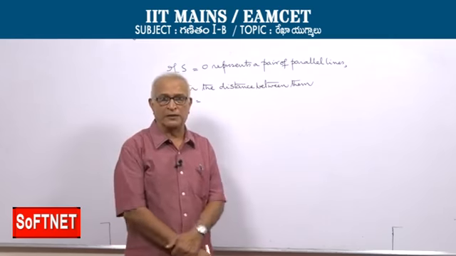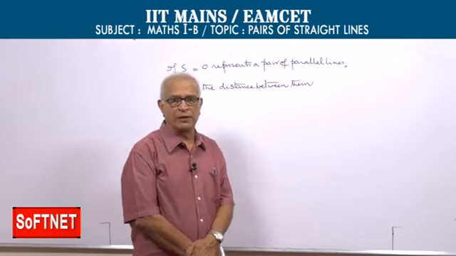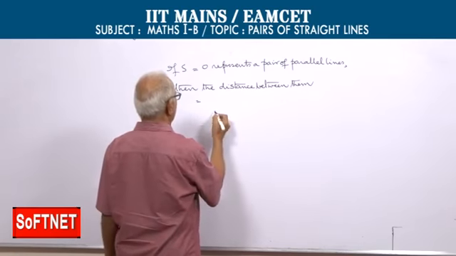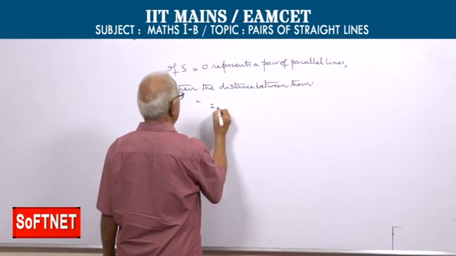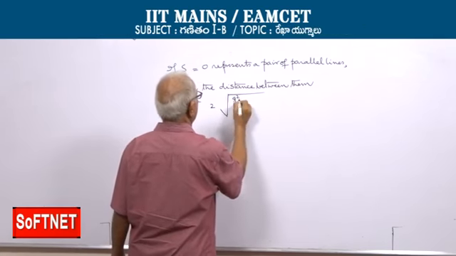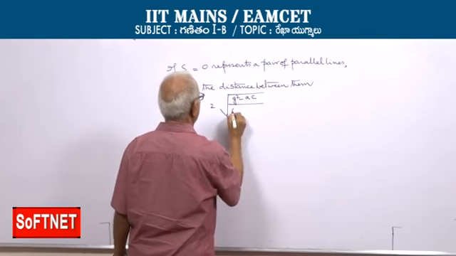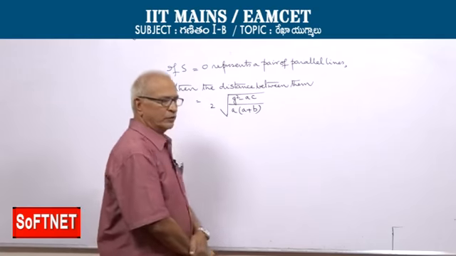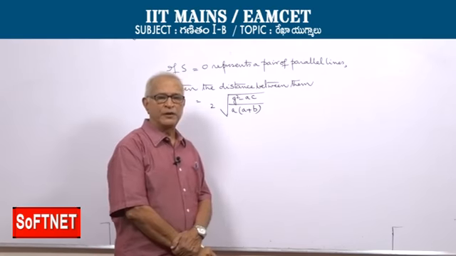But of course, to keep these formulas in reserve, sometimes you may require some odd situation where you are forced to apply these formulas. The reason why we are discussing the formulas also, then the distance between them is two into root of g square minus ac by a into a plus b.